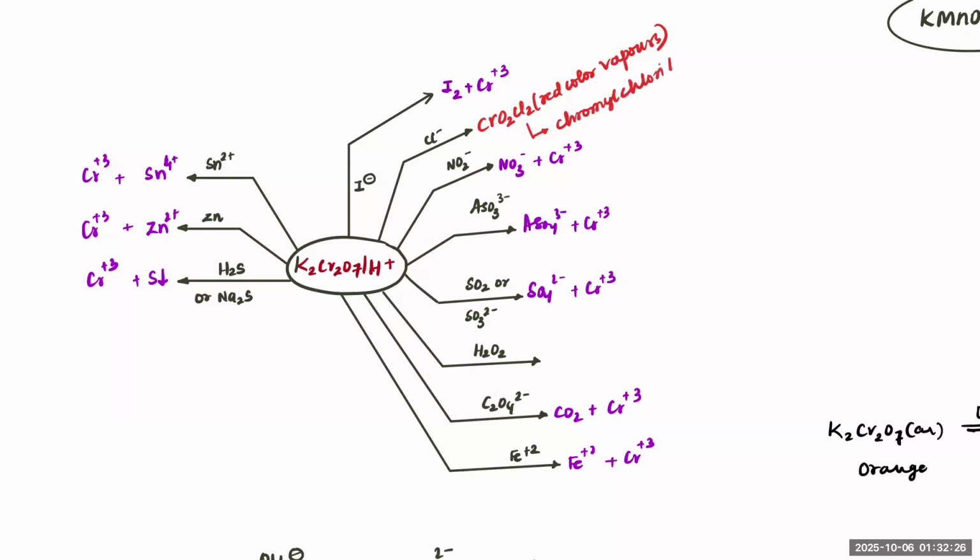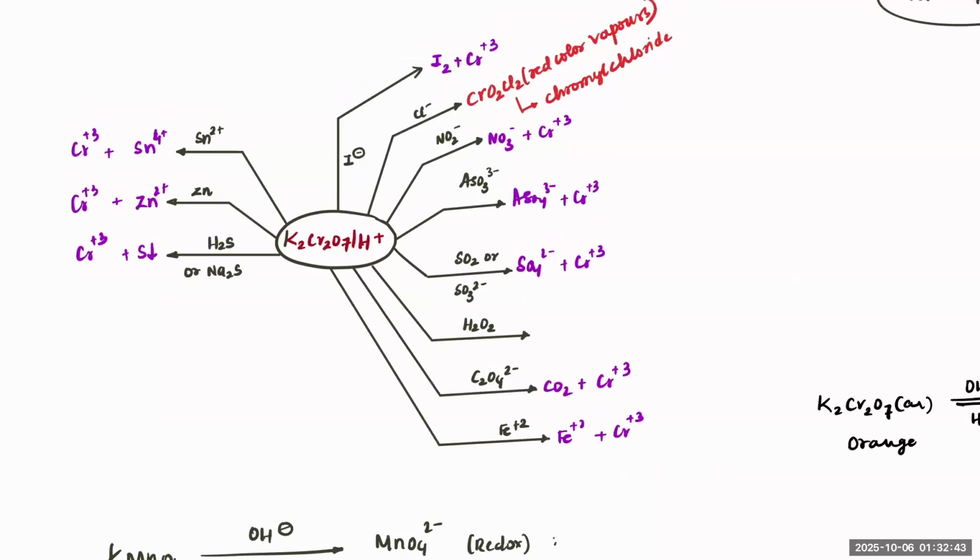Chromyl chloride has huge significance in inorganic reactions. We will be learning a lot about that going ahead. But as of now, if the compound is given anywhere, the wording chromyl chloride is used, and you should know what that means. So it is CrO2Cl2. I hope you understood the obvious reason why it is not able to oxidize Cl minus. Instead of oxidation, it went into a non-redox reaction.